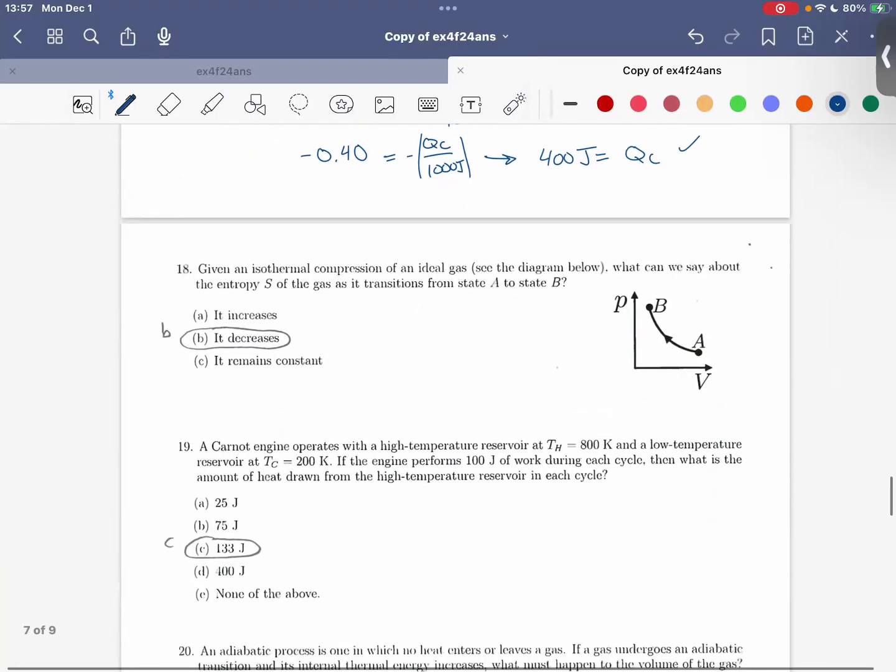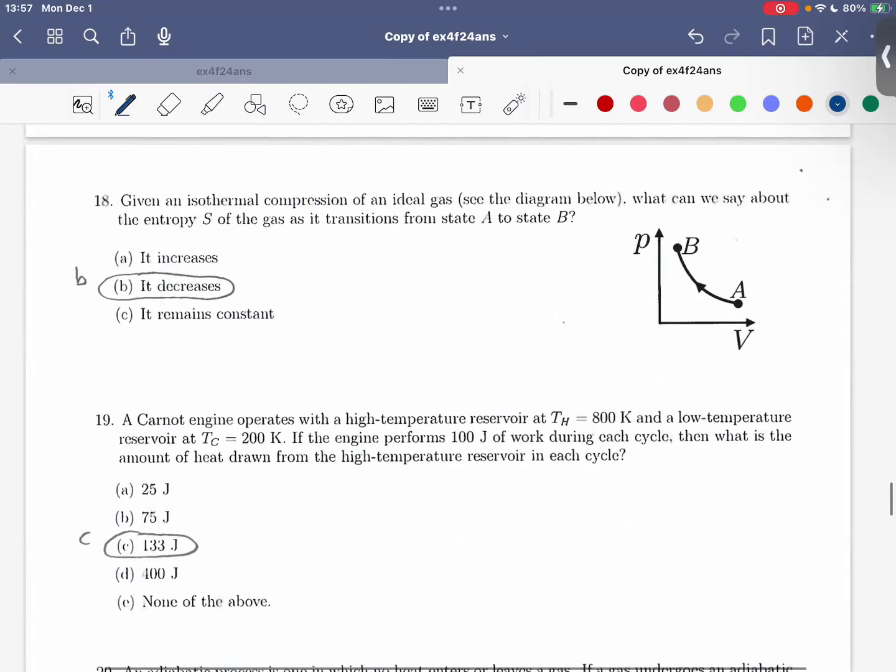Okay. So 18. So given an isothermal compression of an ideal gas, what can we say about the entropy S of the gas as it transitions from state A to state B? Okay. So this one's a little bit more tricky. But in isothermal compressions, we don't have any change in temperature.